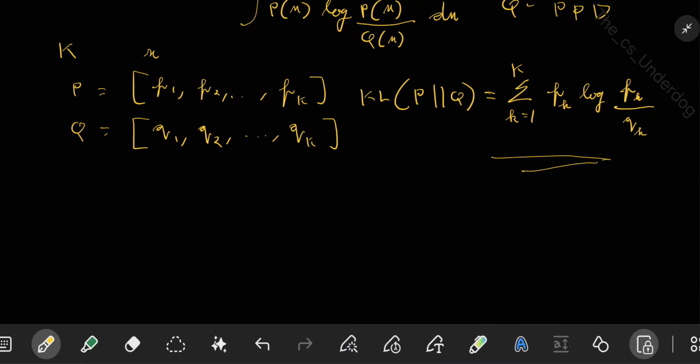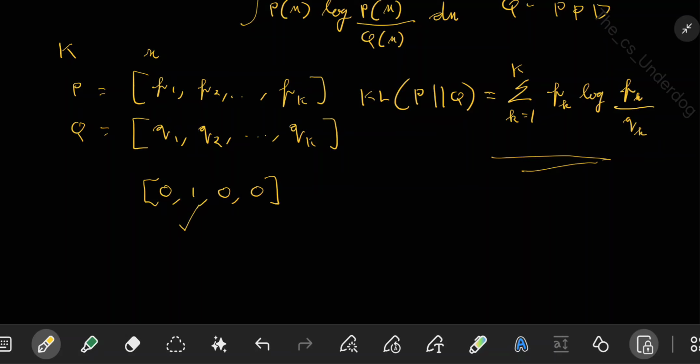What would be the situation if your true label, which is P, is a one hot vector? We discussed in the previous lectures, in the cross entropy lectures, that the true label will be represented as a one hot vector. That is, if you have 4 classes and let us say the second class is what this example belongs to, then you will represent it as 0, 1, 0, 0.